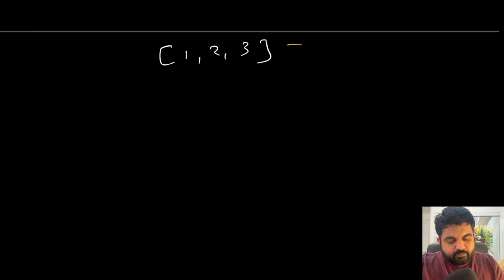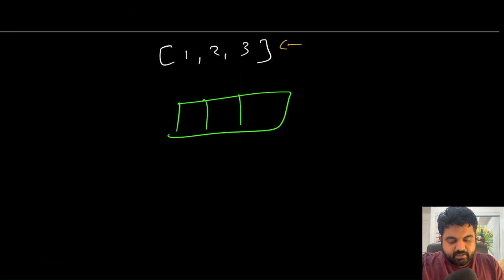Now logically this is nothing more than a decision making algorithm. If we have to make a permutation of these elements, let's say I have 3 blocks where I can fill in values. Now let's say for some reason I decide to put 3 in the first block. Then I know that I still have 2 blocks where I need to fill something, but I can only fill them with the values 1 and 2, not 3.